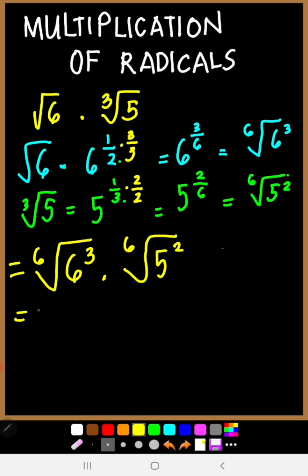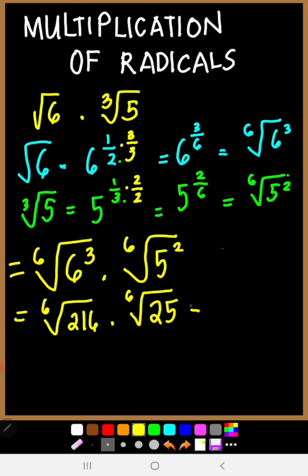So, this will become 6th root of 6 cube, which is 216, times 6th root of 5 squared, which is 25. And then, when you multiply them, 6th root of 5,400. And this cannot be simplified anymore, so this will be your final answer. So, ayan. Yan po yung para sa multiplication of radicals.